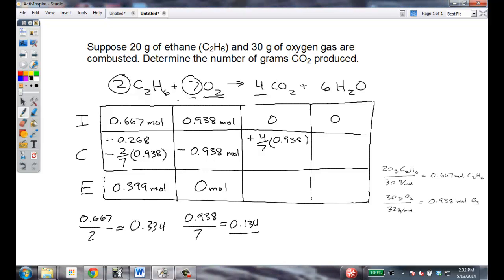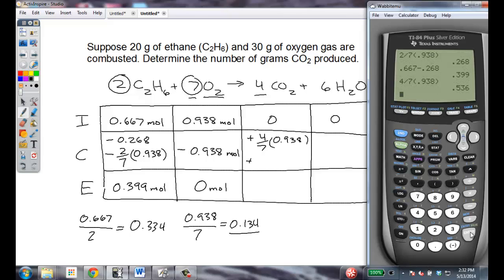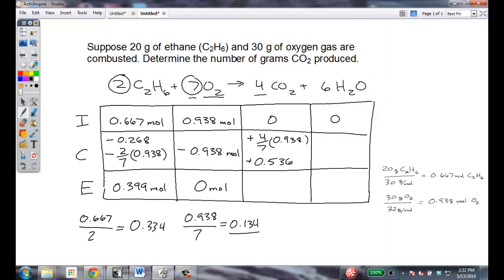We're going to make 4/7 the amount of CO2 compared to the O2. And that gives me 0.536 moles. So 0 plus 0.536, again, I'm just doing vertical math, gives me 0.536 moles.